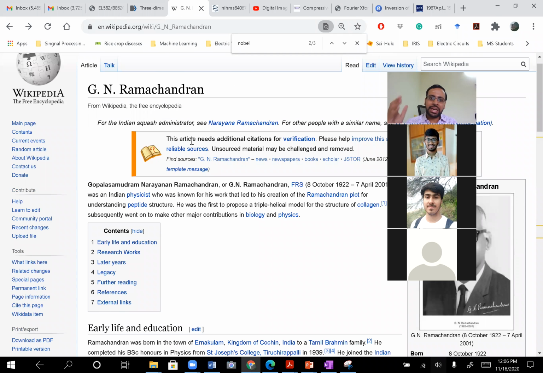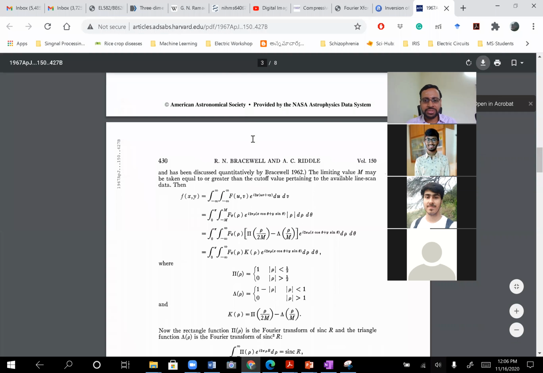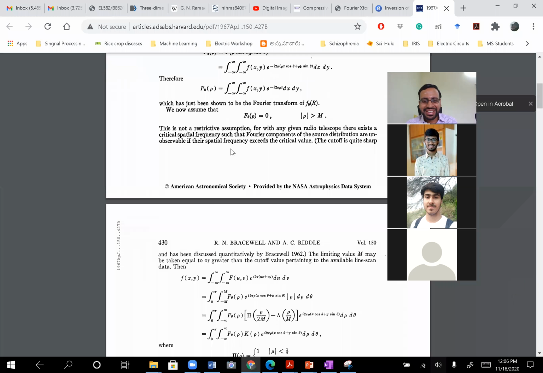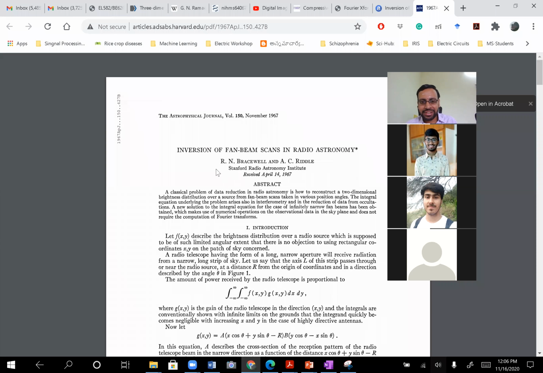But again, this was independent, in a completely different context. They were not aware of each other's work. It's not like Google, you don't have it. This was in astrophysics, in the context of fan beam scans in radio astronomy.